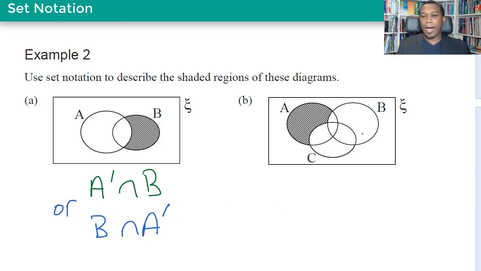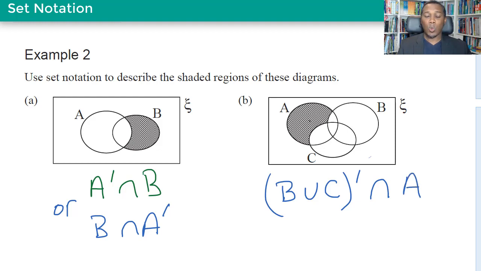Similarly here for B, where I wrote it just now as B union C. That's the two combined, B union C. But we want everything that's not in B union C, so B union C prime, but then we're not including every part of B union C prime. We want the section that intersects with A. In other words, we're saying everything that's in A, but not B or C. That's another way of thinking about this.